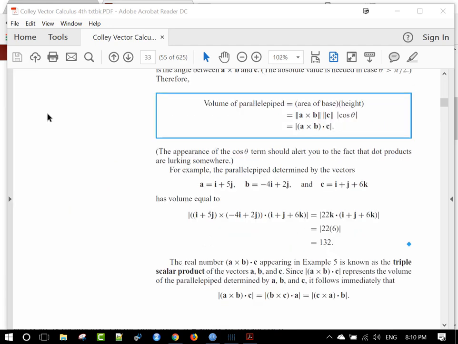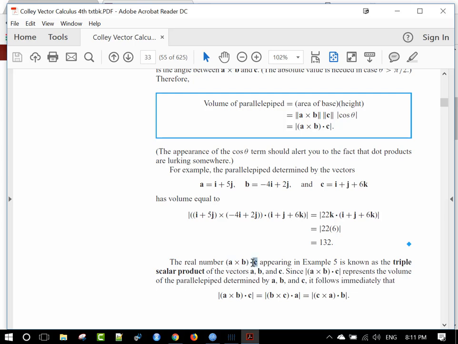Now they mentioned that in this example that I didn't go through, A cross B dot C. What kind of result is this? Is it a vector or a number? This part here is going to be a vector, and a vector dotted with another vector is a number.